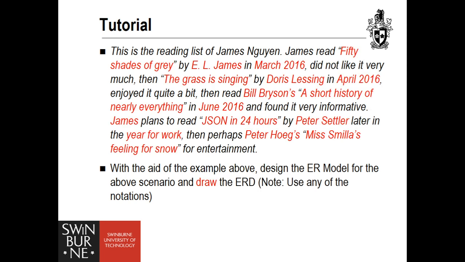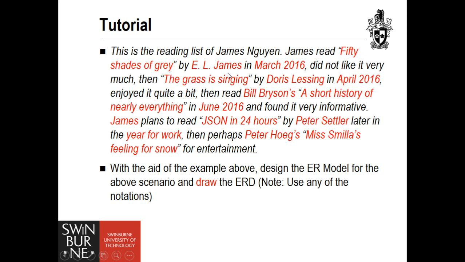Why? Because I want to know which is the suitable attribute that I should put in the table. I mean the entity. So the highlight in red is considered the unsuitable attribute. I highlight 50 Shades of Grey, E.L. James in March 2016. 50 Shades of Grey we can consider as a book title.